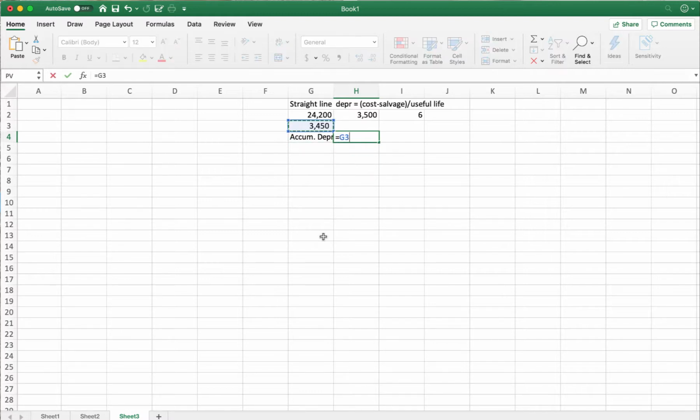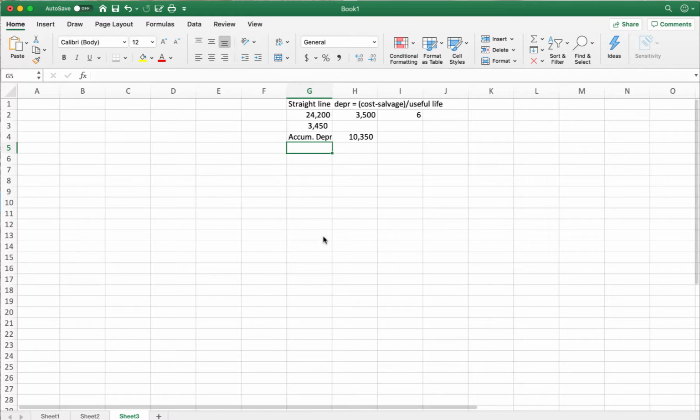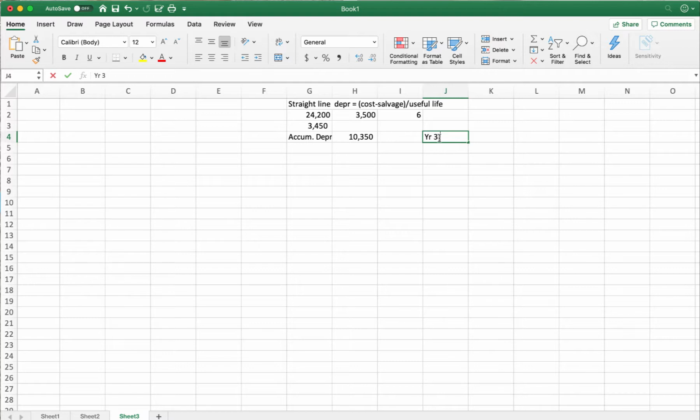We're going to take our depreciation per year, and we're going to multiply that by 3 years. Our depreciation then should be $10,350.